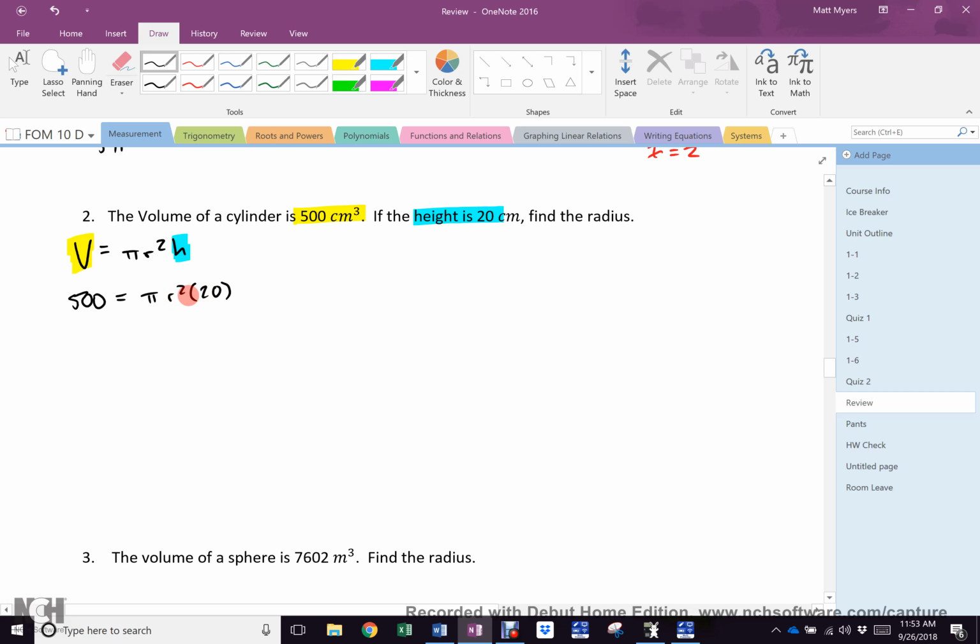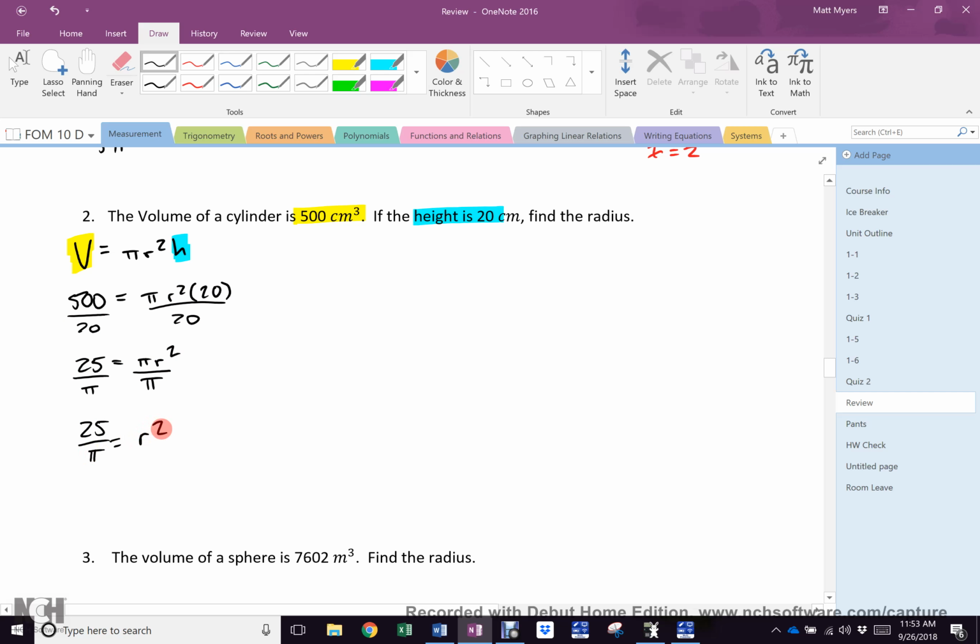How do I get rid of the times 20? I divide by 20. Now I have 25 equals pi r squared. How do I get rid of times pi? I divide by pi. So now I have 25 over pi equals r squared.